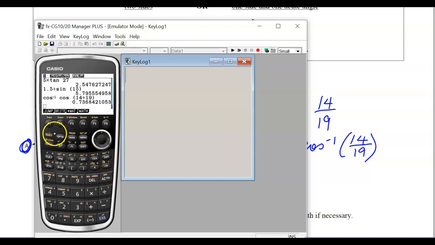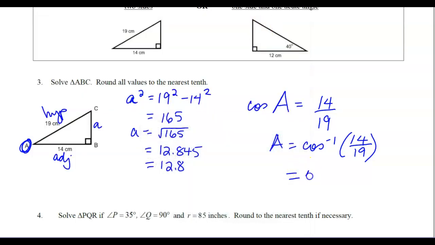Okay, so shift cos, 14 divided by 19. Okay, there we go. 42.537 degrees. Now, that rounds to 42.5 degrees.